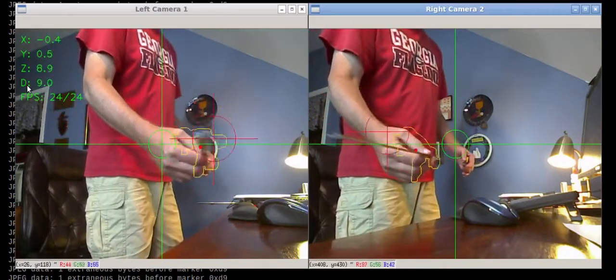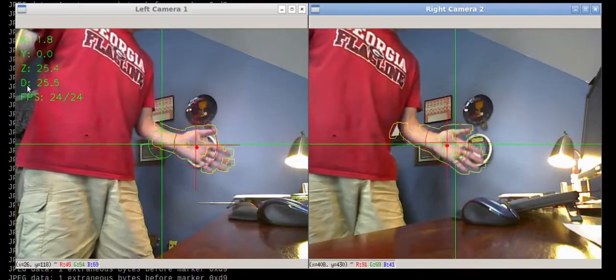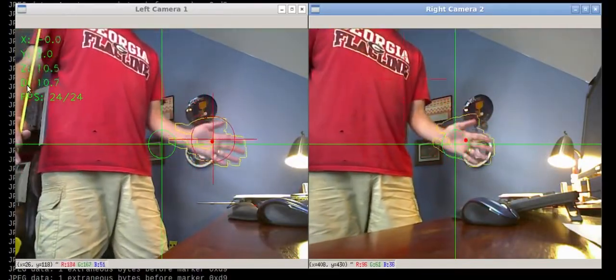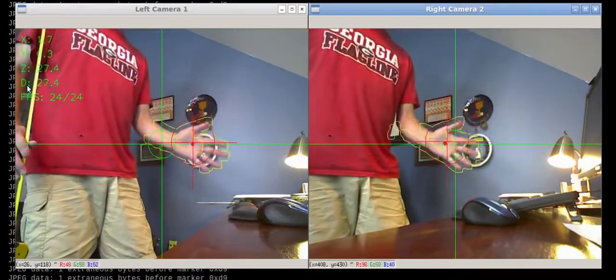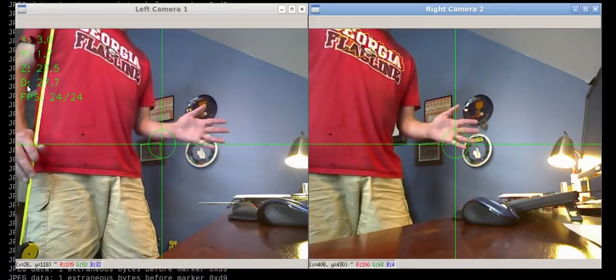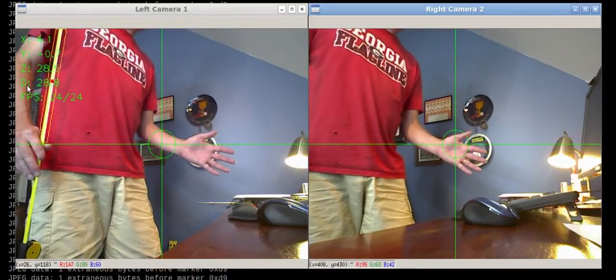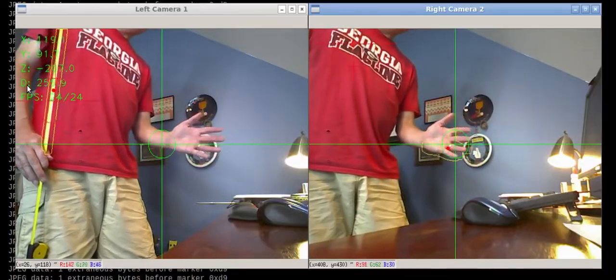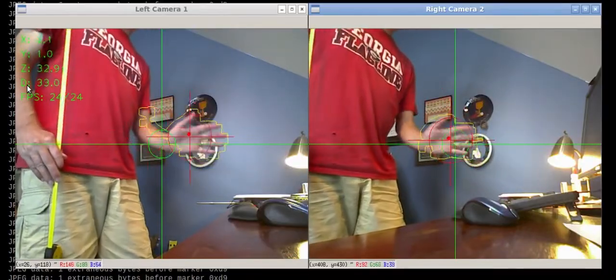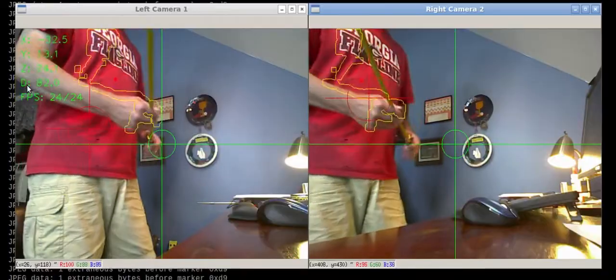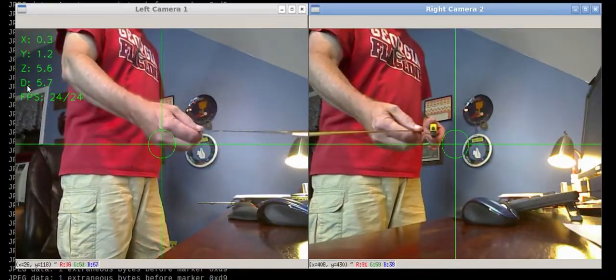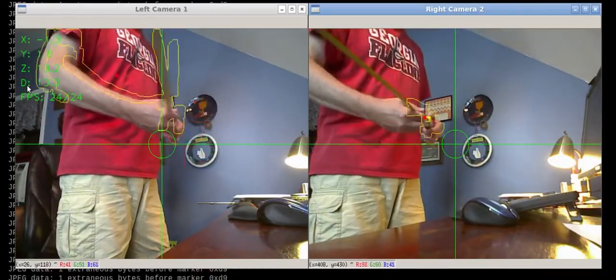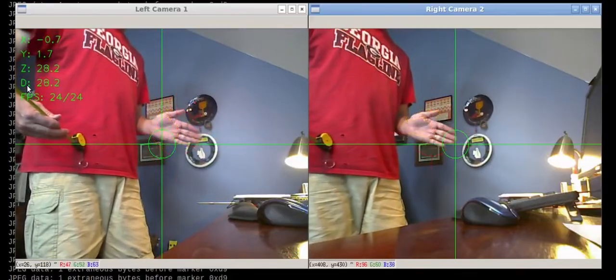So you can see that we're targeting in both frames, and then the location of the target in both frames, we're getting the angles off of that, and we're using our triangulation, and we're coming up with distances. Okay, so this ruler is at 30 inches. So right about here is 30 inches.